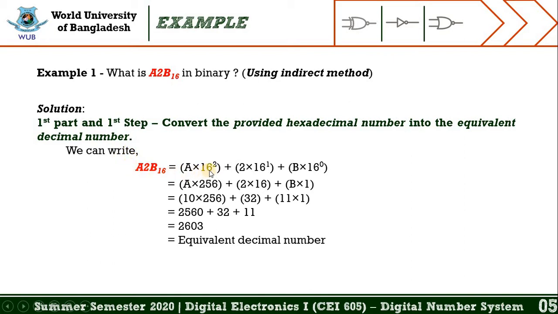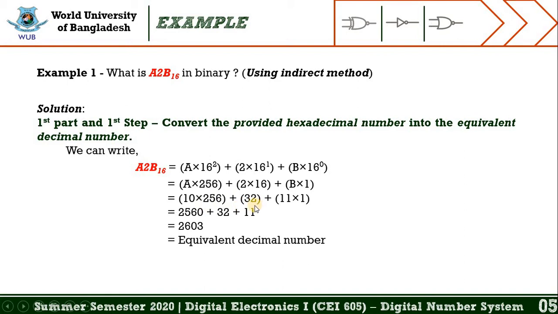So we can write A2B base 16 equals A into 16 to the power 2 plus 2 into 16 to the power 1 plus B into 16 to the power 0, which gives us A into 256, because 16 times 16 is 256, plus 2 into 16, because 16 to the power 1 is 16, plus B into 1, because 16 to the power 0 is 1. A is equal to 10, as we discussed in the earlier slides.